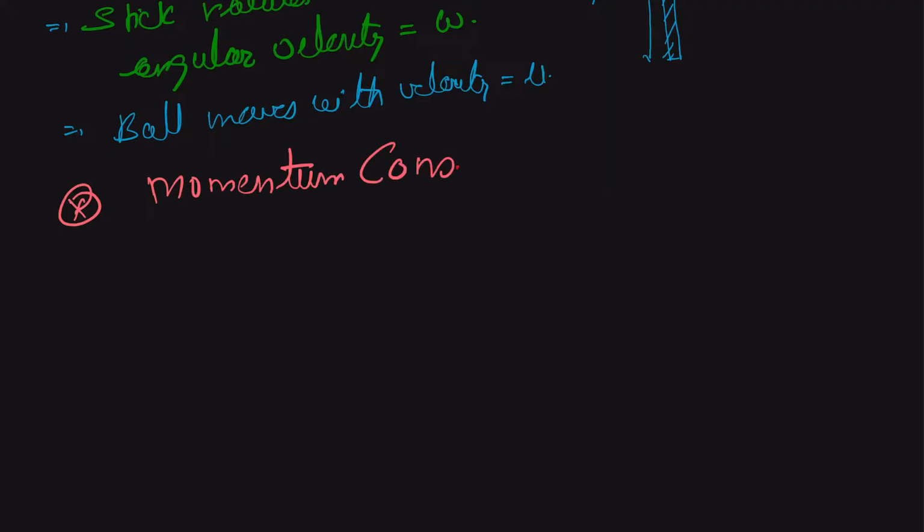And we have our initial momentum, that is m v naught is equal to mv plus mu. Therefore, from here we can write that our v naught is equal to v plus u.